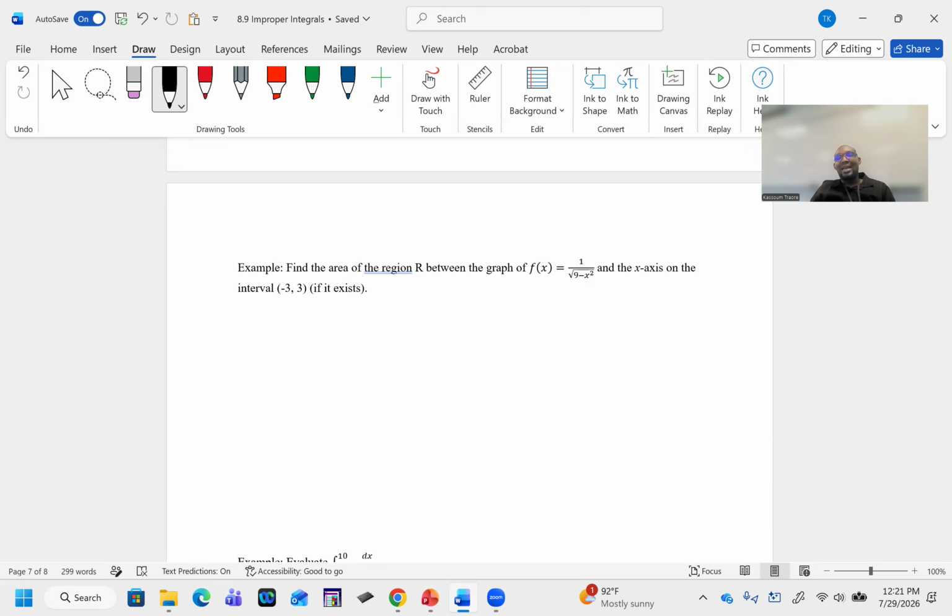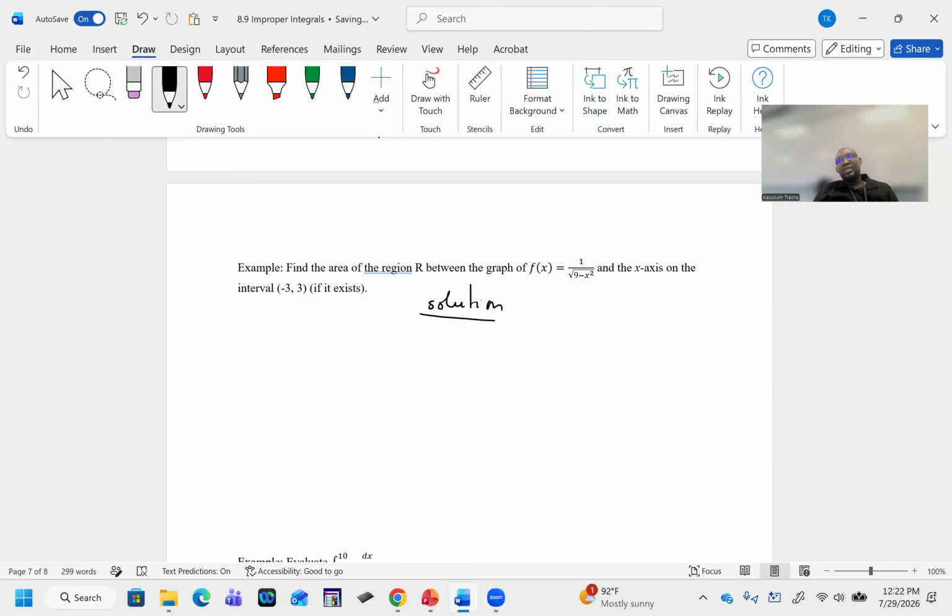So again, my solution in this one will be what? We know this integrand is even, right? And of course, it has a vertical asymptote at x equal to what? Plus or minus 3.